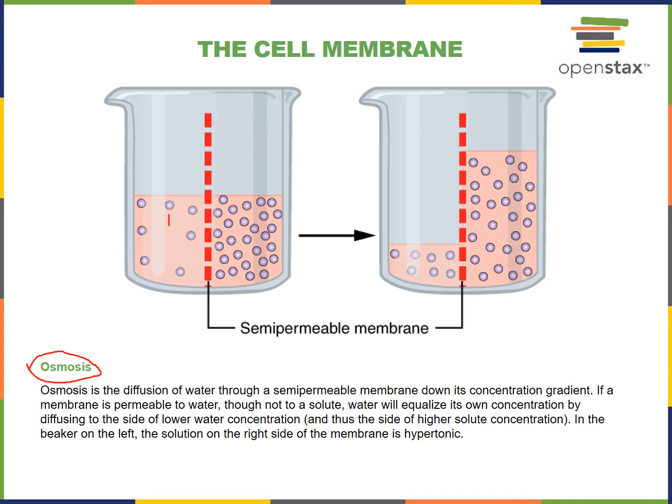This on the left side here has a lot of water. So water will be moved from this compartment, higher concentration, to the low concentration, through the semi-permeable membrane. So here, after passing the time, a lot of water went to the other compartment, from high concentration to low concentration.